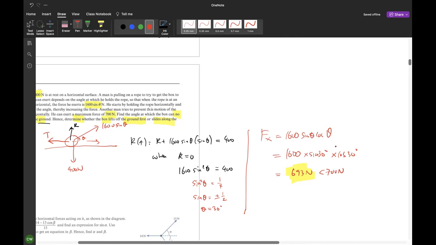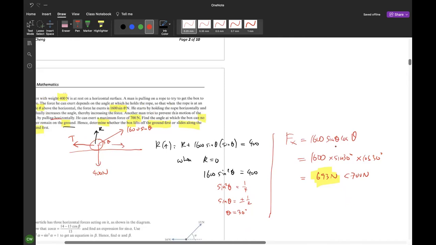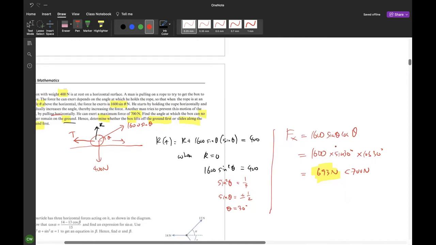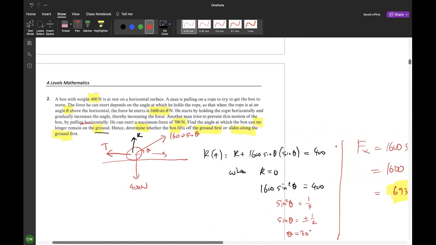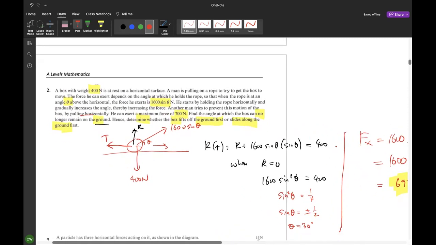So do you lift first or slide first? Lift first or slide first? You pull this way, there's another guy pulling on the other side.